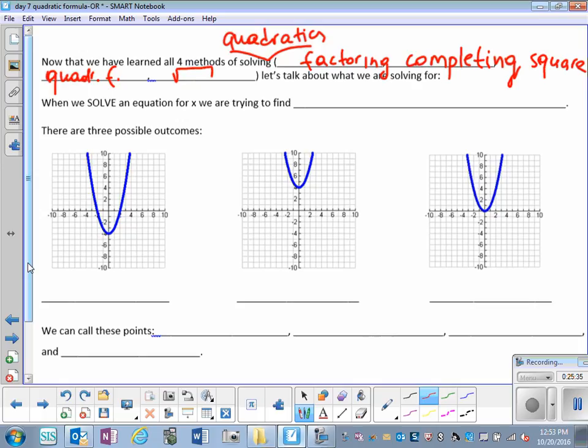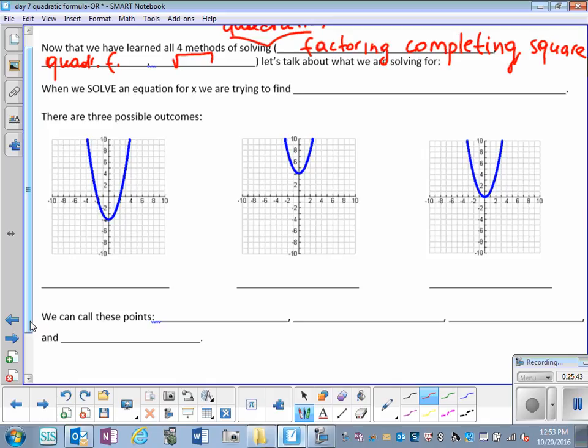So now let's talk about what we are solving for, right? So looking at these graphs, obviously we are talking about a quadratic function here, right? If you think about the quadratic function, f of x equals ax squared plus bx plus c. When I solve my quadratic equation ax squared plus bx plus c, I'm trying to find what?